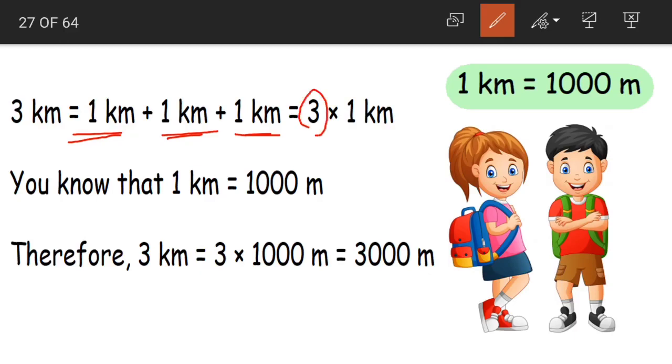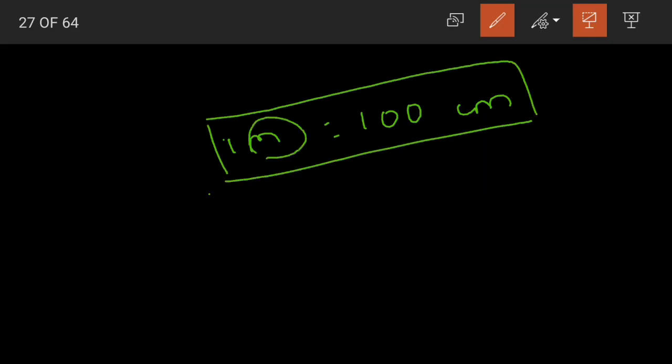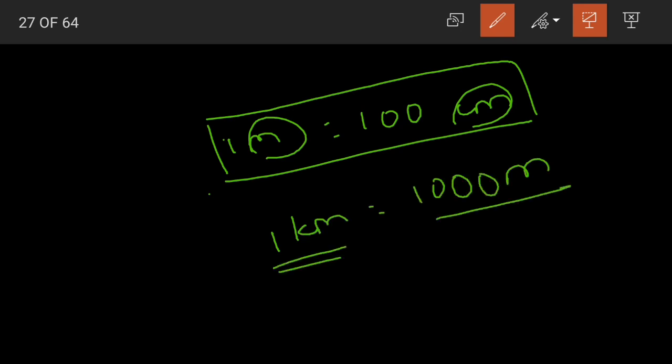It is nothing but 3 into 1 kilometer. What is the relationship between kilometers and meters? As we have learned, 1 meter is equal to how much, children? 100 centimeters. Yes, this is the relationship between meters and centimeters. When it comes to kilometers and meters, 1 kilometer is equal to 1000 meters.